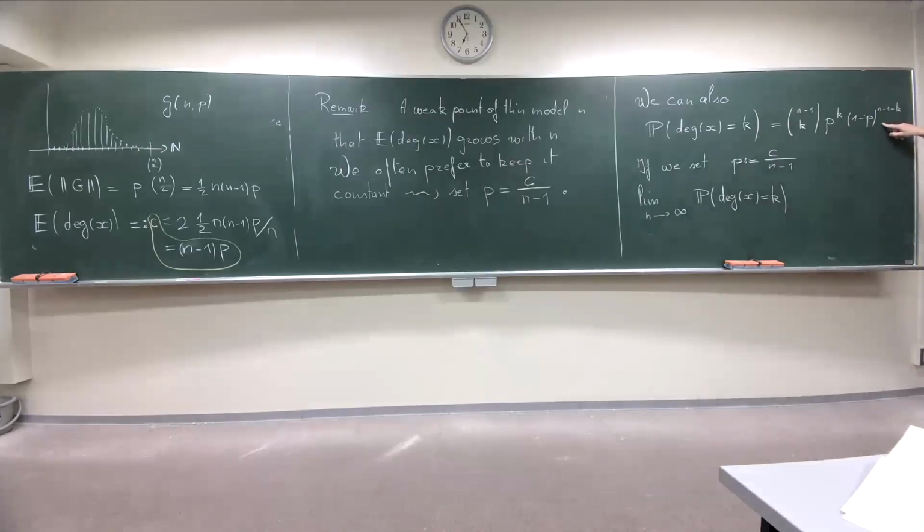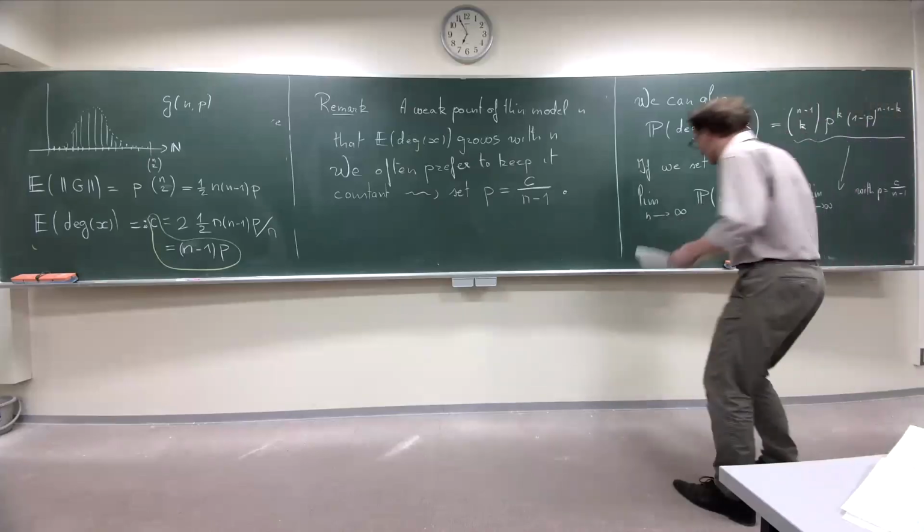But be careful, of course, I need to rescale p by this quantity. So I let you write it. It's the limit when n goes to infinity of this expression, but with p equal to c over n minus 1. And this is taking a limit.